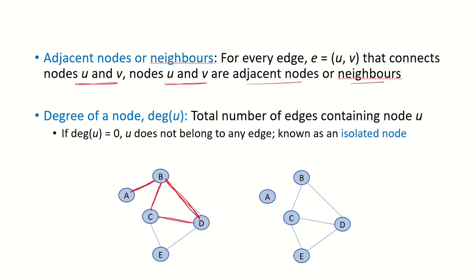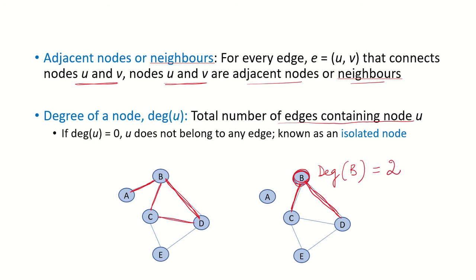So any pair of nodes which is connected to each other with an edge is referred to as adjacent nodes or neighbors. The degree of a node is the total number of edges which contain that particular node. If we talk about node B or vertex B, there are two edges containing this node B. So we say that the degree of vertex B is 2.